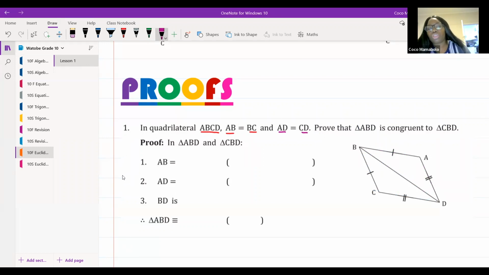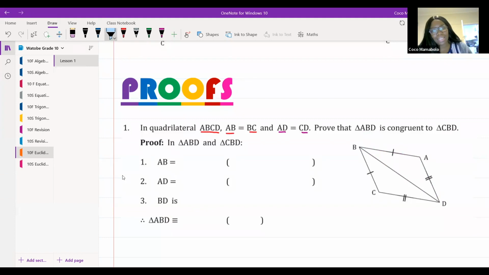They say triangle ABD. So we need to go to our triangle and make sure we start at A, B, and D. Close off our triangle ABD. Then from there, it says we are proving that that is congruent to triangle CBD. So we're going to start at C, move to B, and move to D. We need to do it in that exact order.